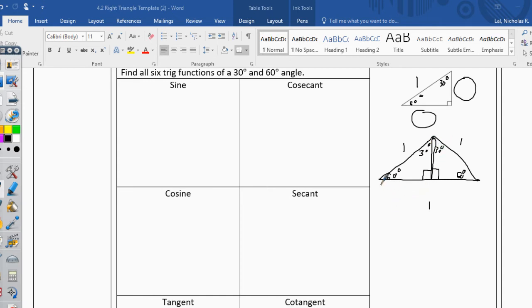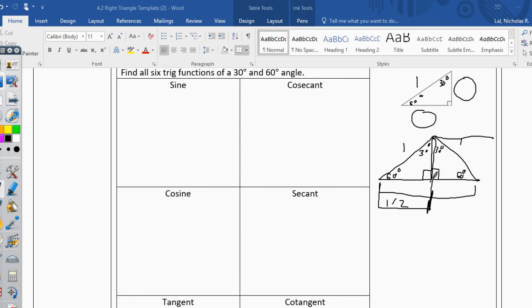Now, this side originally had a length of 1, but we cut it in half. So now this length is 1/2. So now we have 1 and 1/2, and we need to find the height of the triangle.